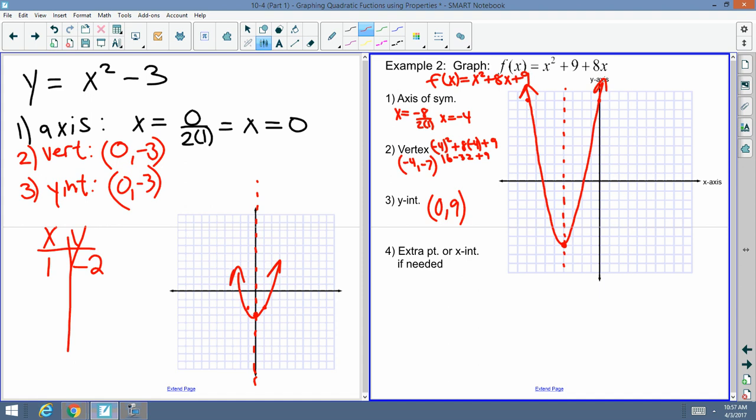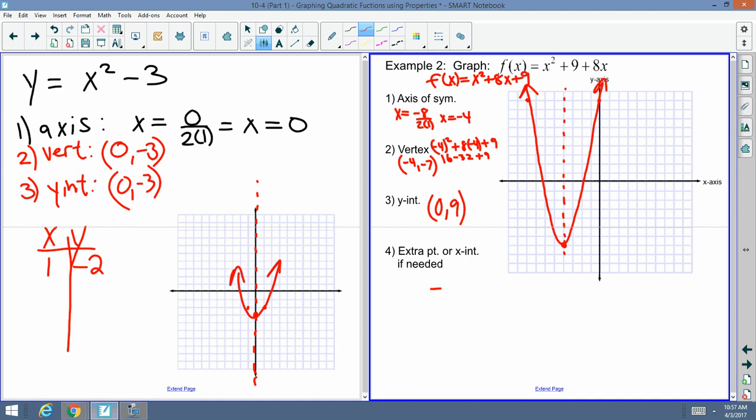If I wanted to solve this, I can factor this. This is x, x. Oh, actually, no, I cannot factor that. So how can I find the solutions if I can't factor it? Quadratic formula or completing the square.